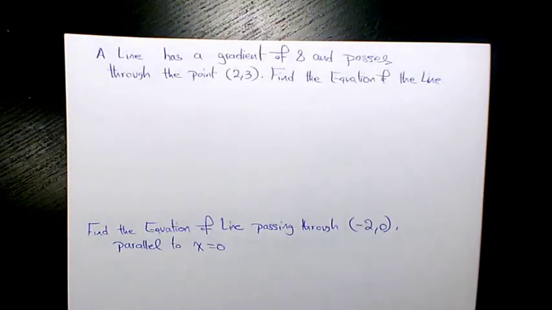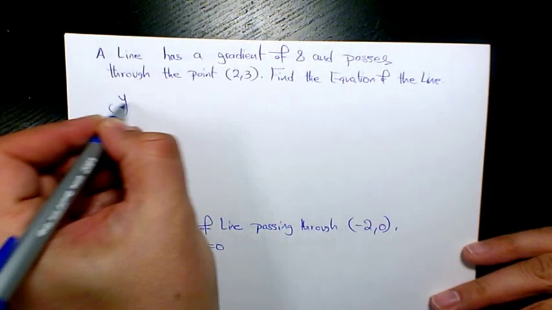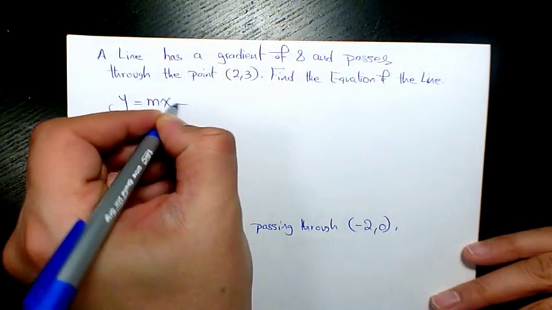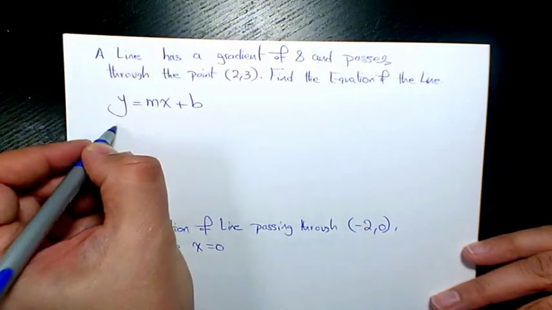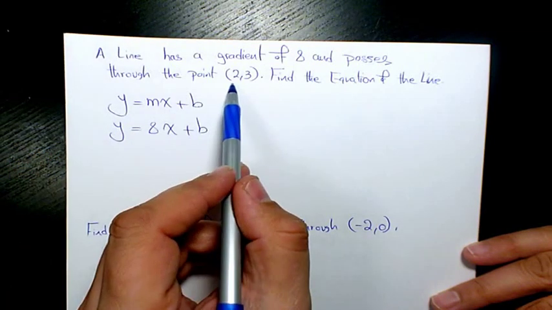In this example it says a line has a gradient of 8 and passes through the point (2, 3). Find the equation of the line. Gradient is the same as slope. It means that when you write y equals mx plus b, m is 8, and it passes through the point (2, 3).